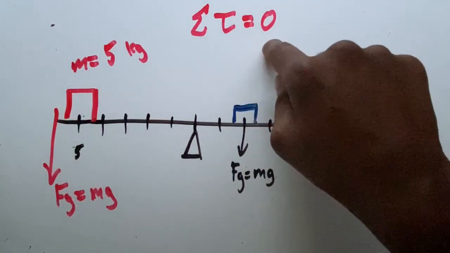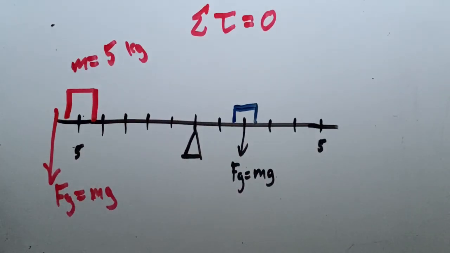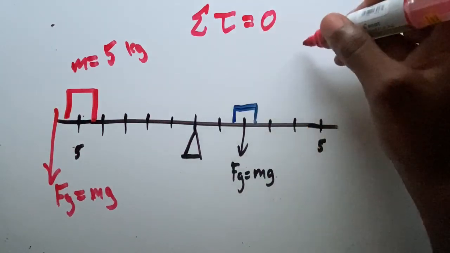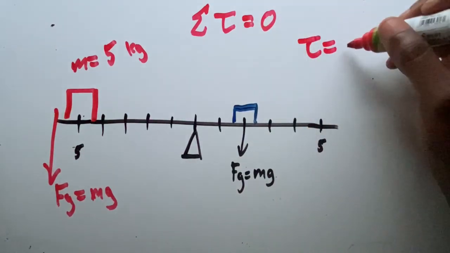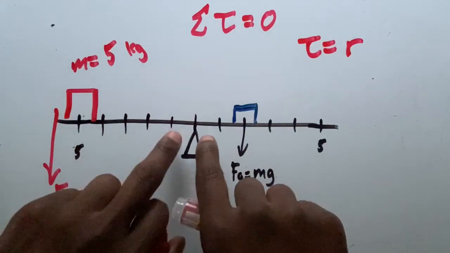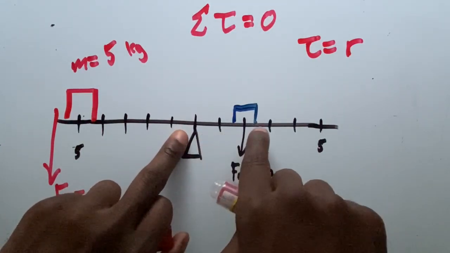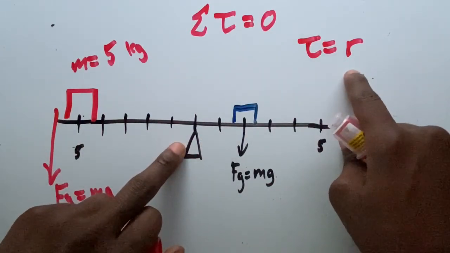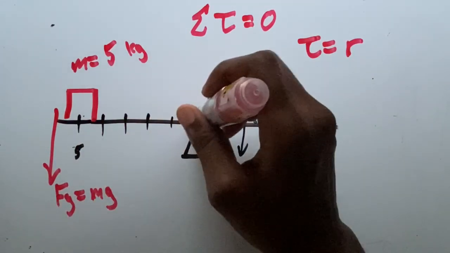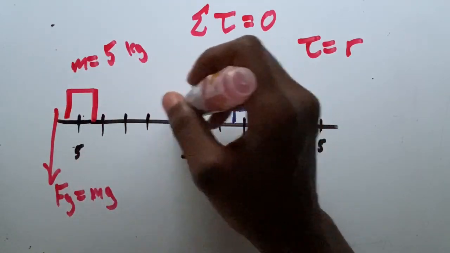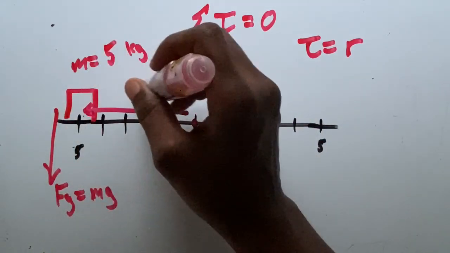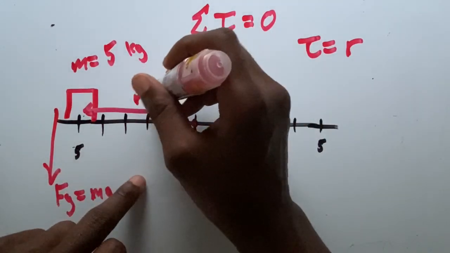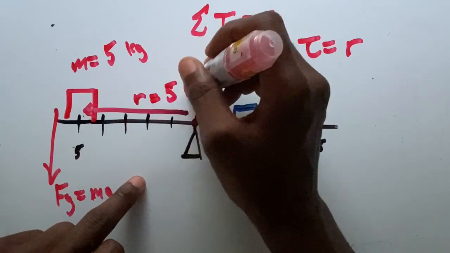Now, using the equation I gave you a moment ago, torque is equal to the radius, which is the distance from the center to that block. Let me do this block first. From here to over here, that's your radius, and that's equal to 5 meters.